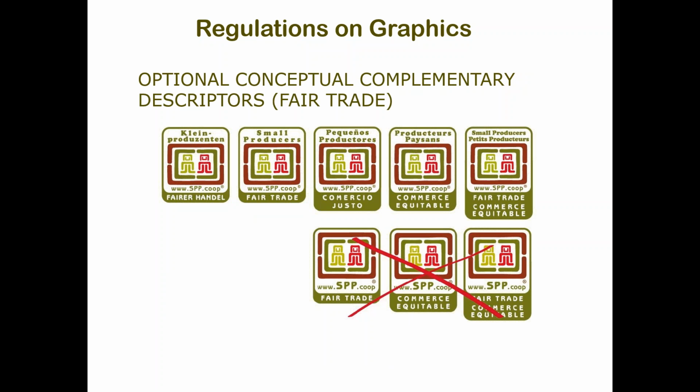Now this is the change with respect to the last version. Some organizations and also final buyers asked to include the conceptual descriptor for fair trade. So this is really the addition to the regulation on graphics. This is the new part of this document. The rest of the document is the same. This is the only addition.